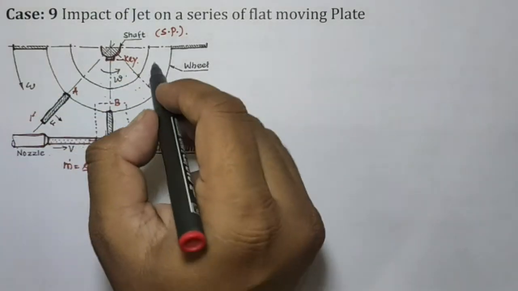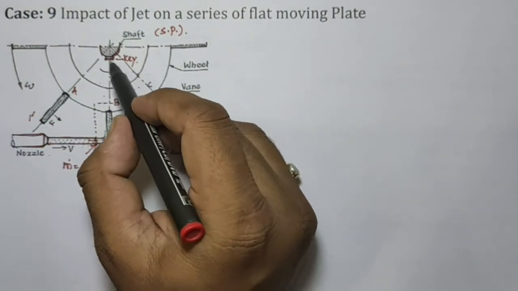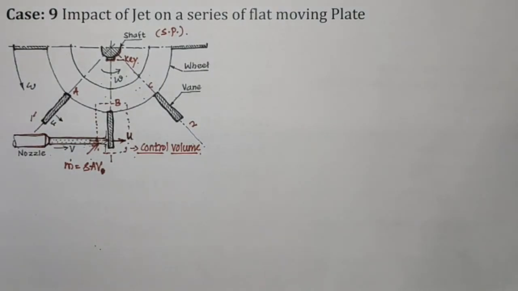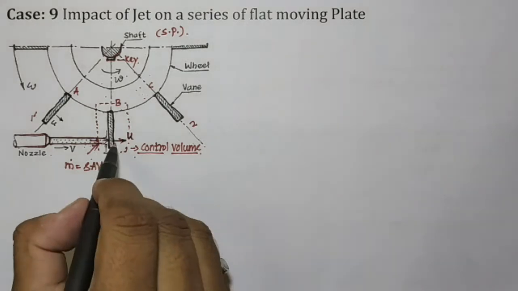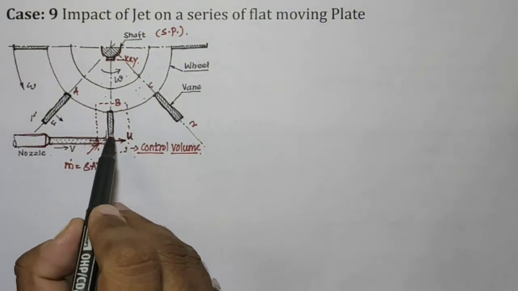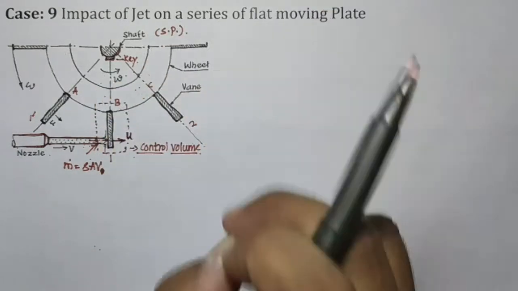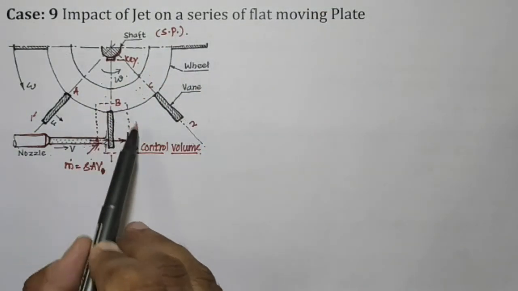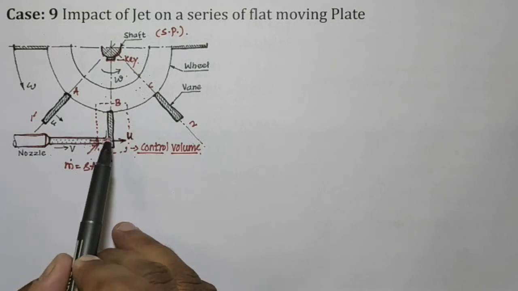If we consider the angular velocity of this particular wheel into the radius, we will get the linear velocity of that particular vane. This linear velocity means this plate is moving with a velocity u from this location to this for this instant within this particular control volume.